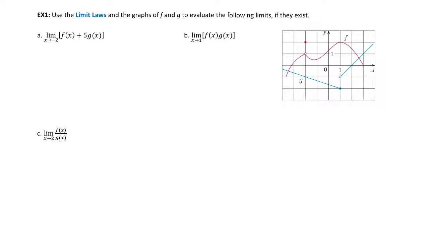So then, let's start with the first one. Here we have the limit as x approaches -2 of f(x) plus 5 times g(x). I'm going to be super formal and careful with my analysis so that you really see how we're going to do this, carefully applying the rules that we already developed.